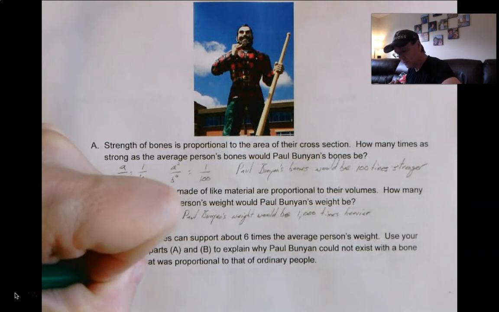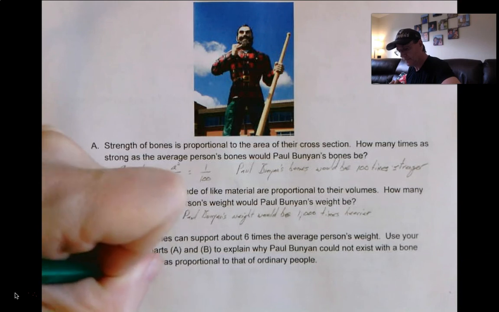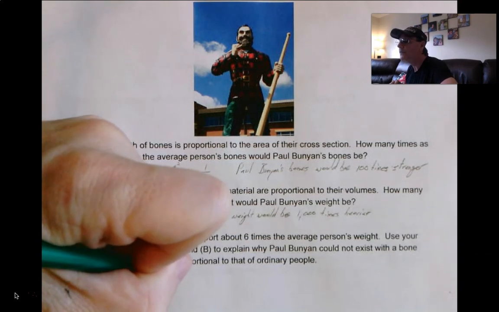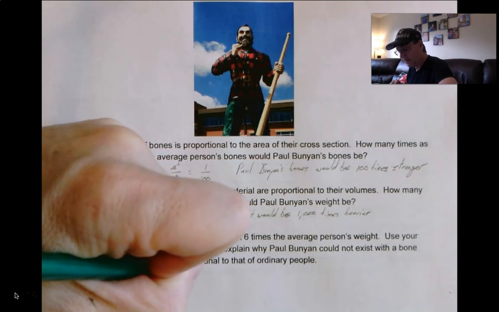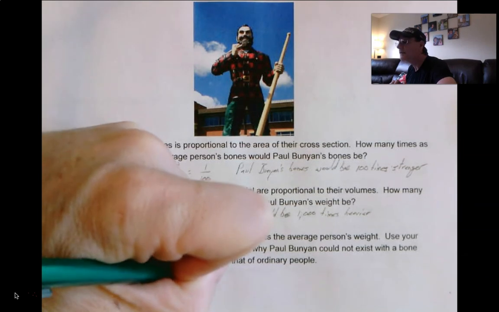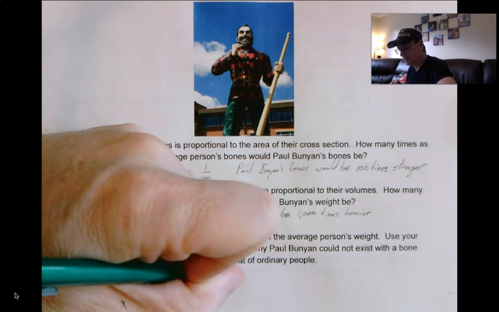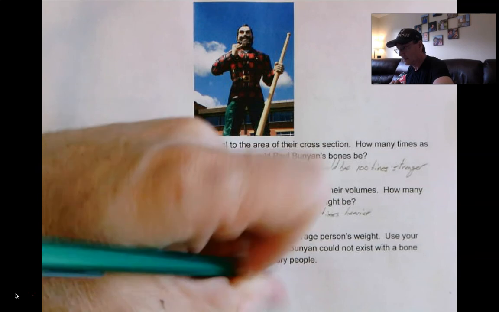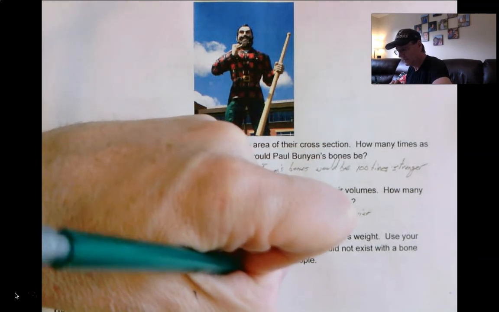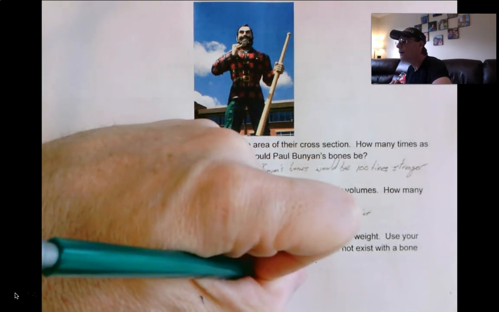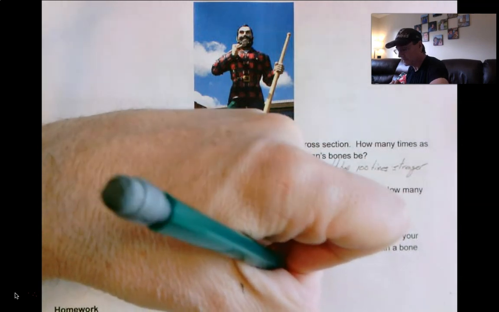His weight is 1,000 times the weight of an average person.